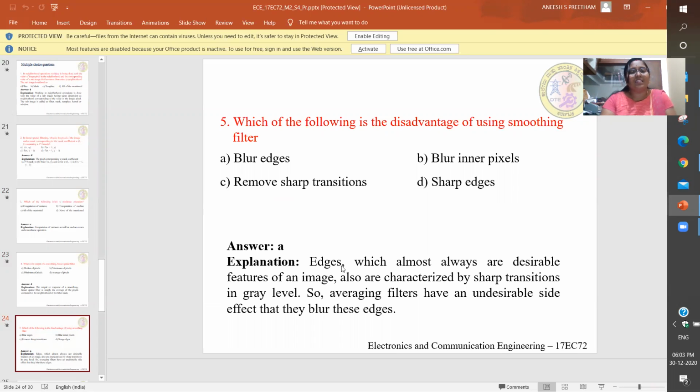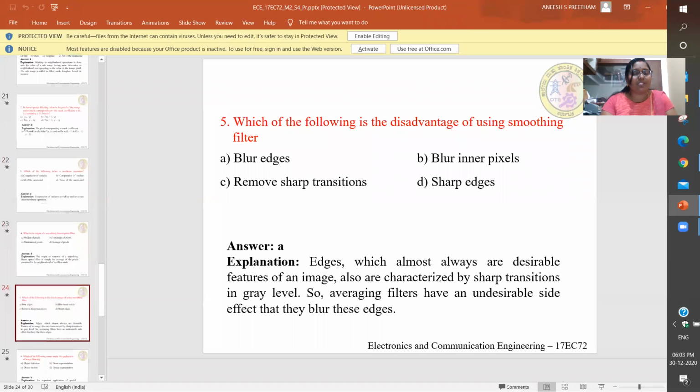So edges, which almost always are desirable features of the image, are also characterized by sharp transitions in the gray level. So averaging filters have an undesirable side effect that they blur these edges.